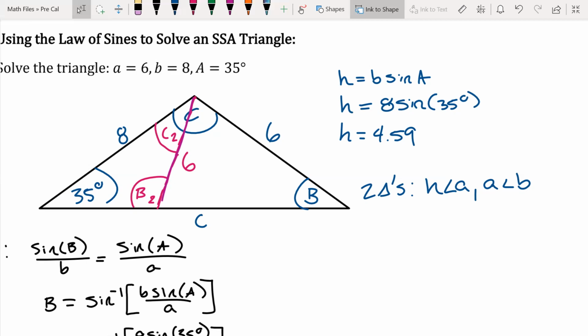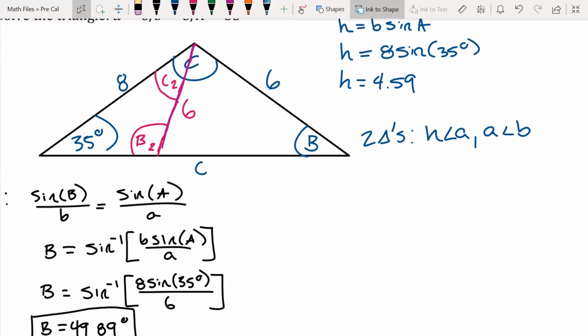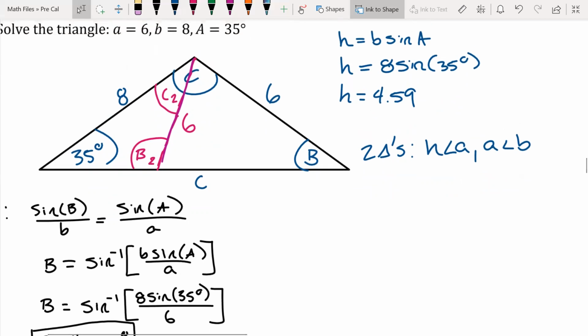Let me check something. Let's see if this angle would be obtuse, right? Yeah, that one's going to be obtuse. So the regular way does not work here.